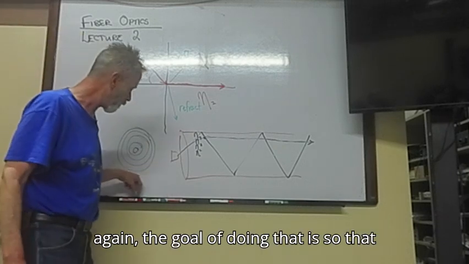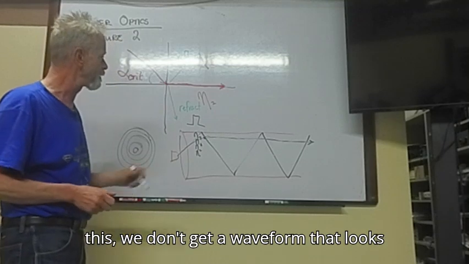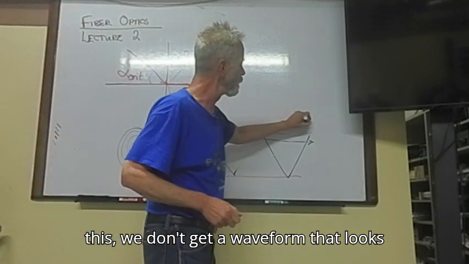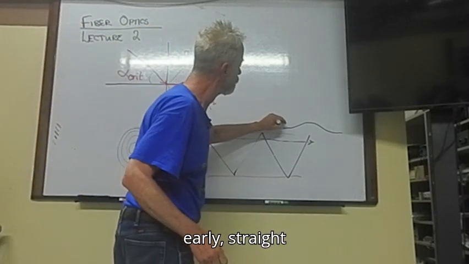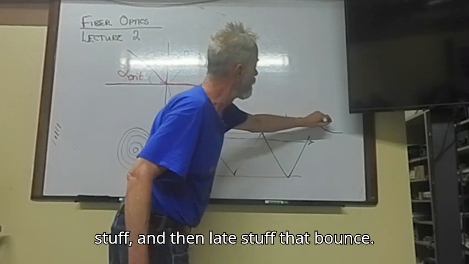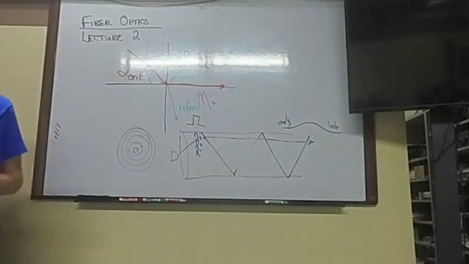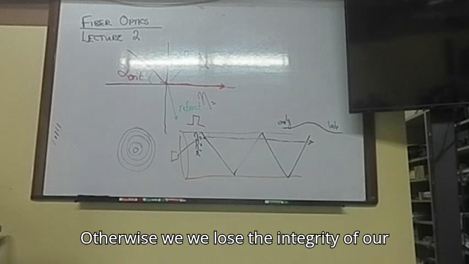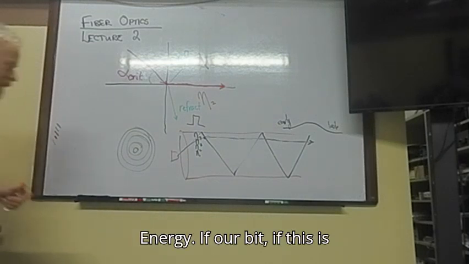Okay, and again, the goal of doing that is so that when we send a waveform that looks like this, we don't get a waveform that looks like this, with early, straight stuff, and then late stuff that bounced. Otherwise, we lose the integrity of our energy, of our bit.